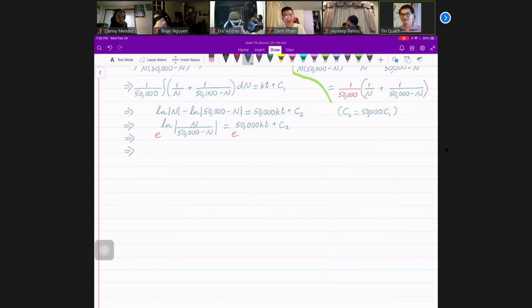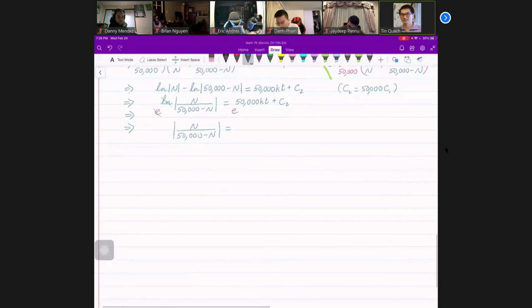All right, so you cancel out the e and the ln. You have the absolute value of this. And on the right-hand side, you have e to the c sub 2 times e to the 50,000 kt.